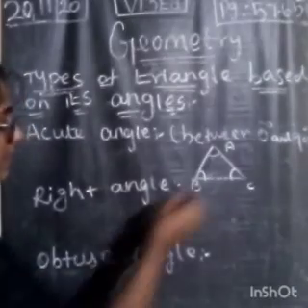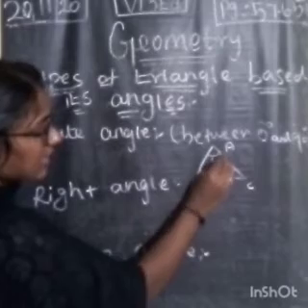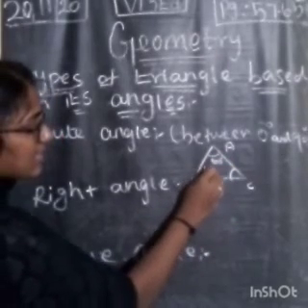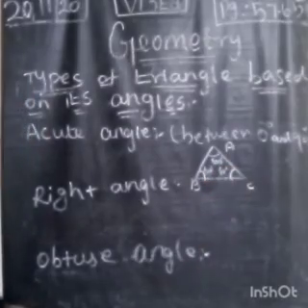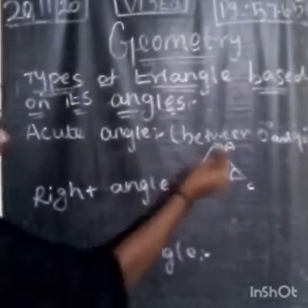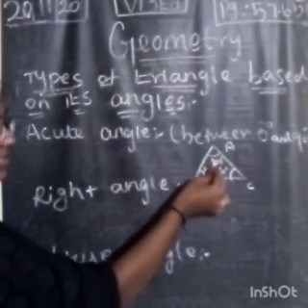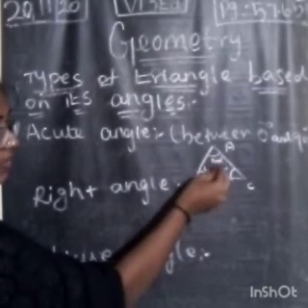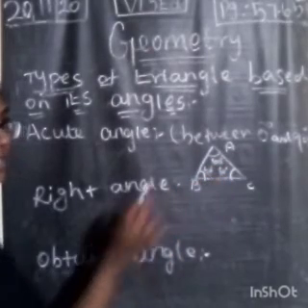Let us take one example. A, B, C. A angle has 60 degree, B angle has 60 degree and C angle has 60 degree. So here the three angles are between 0 degree and 90 degree.